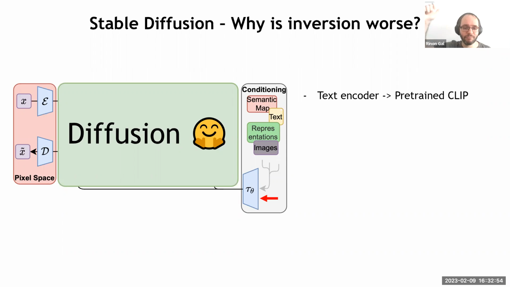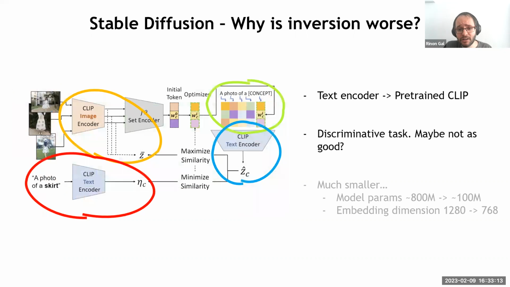We saw the fluffy examples at the very beginning, and we saw that using discriminative training didn't work well for trying to generate images later on. So that's one possible reason here. Another alternative, which is a bit simpler in this case, is simply that the text encoder has a much smaller capacity.